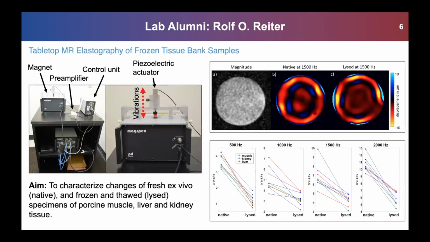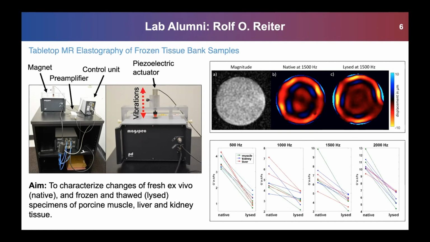The next is from another lab alumnus, Ralph Rater. He majorly used the tabletop MRE to study the native and lysed specimens. The tabletop MRE is a low-cost method for assessing mechanical properties of small tissue specimens. The frozen tissue banks potentially facilitate access to larger amounts of well-preserved specimens.